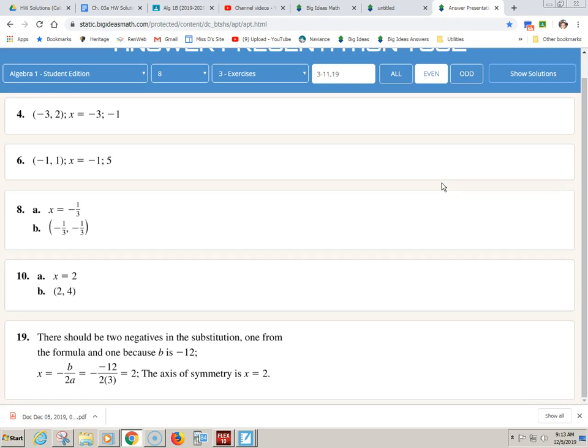So it would be negative B over 2A. And what I didn't get, which is 4 plus 3 equals 1. Yeah. Wow, you have the extra negative, so it's positive.